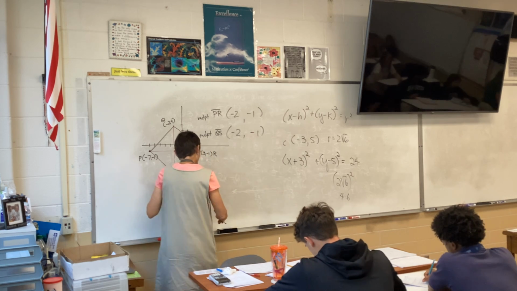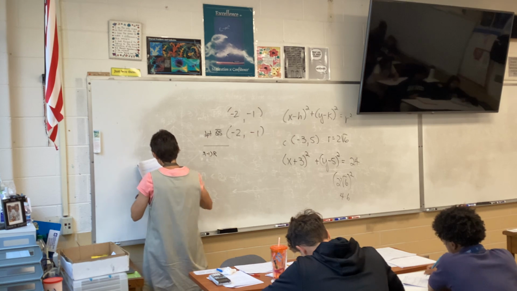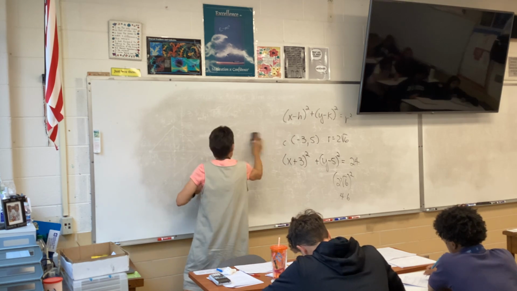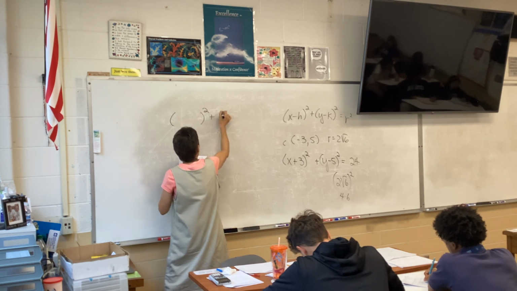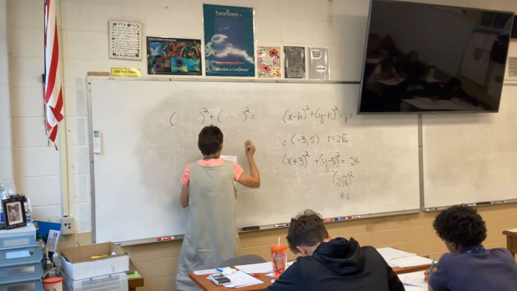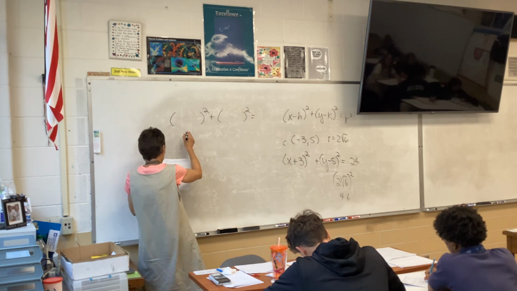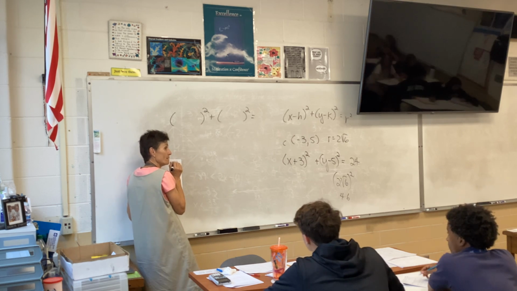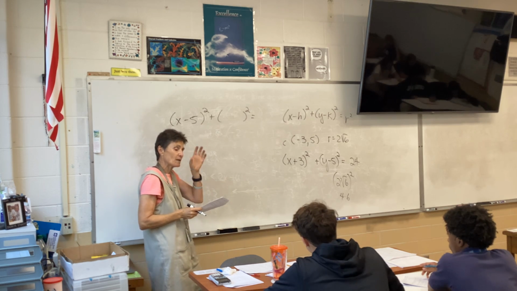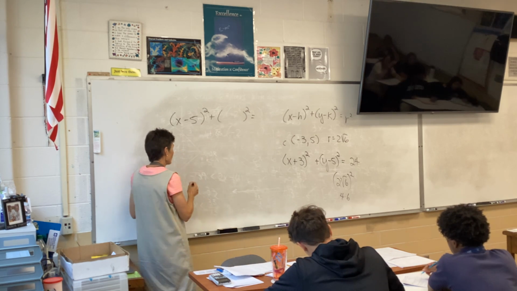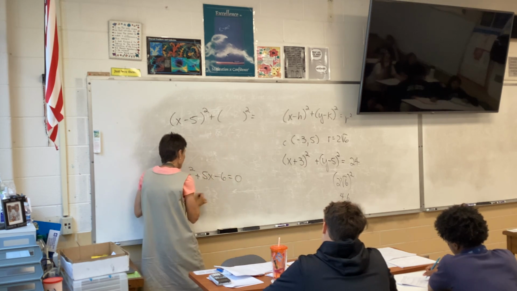Can you do B? Can you write the equation for B? It's a circle. I've given you the center and the radius. What's that one going to look like? X plus 5. Actually it won't be plus, it will be minus. To help you think about that, do you remember back when you solved equations like this and you factored it?